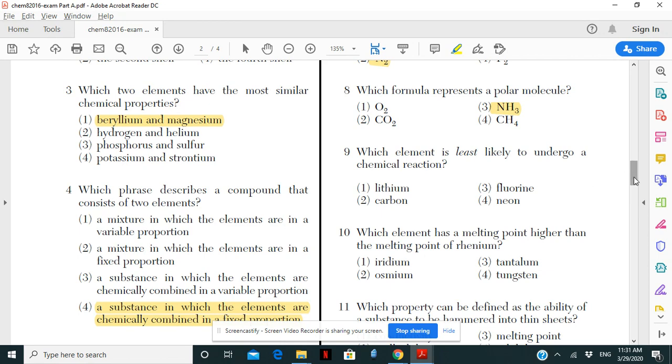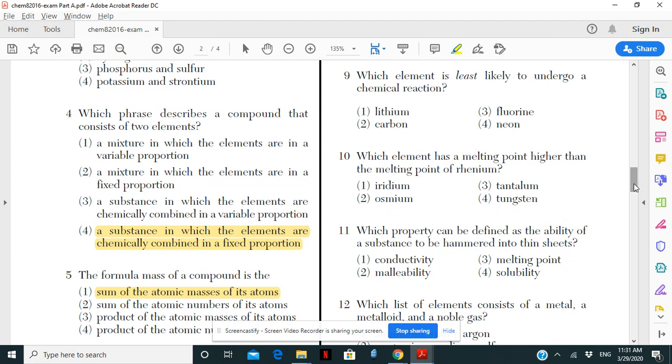Question number 9. Which element is least likely to undergo a chemical reaction? In another way, he's asking you about a noble gas. Why? Because if it will not participate in any chemical reaction, its outer shell has 8 electrons.